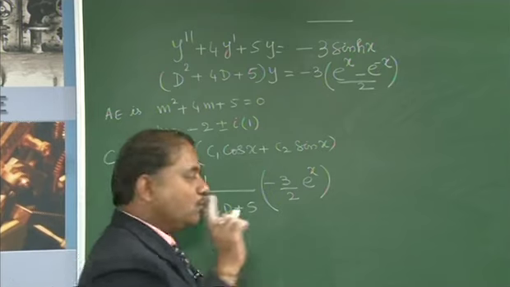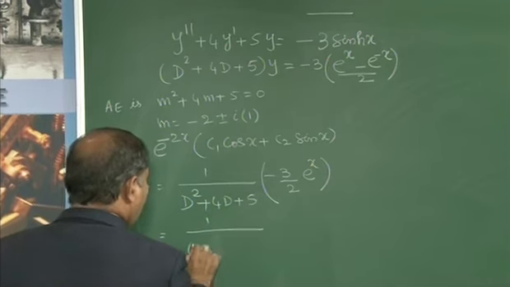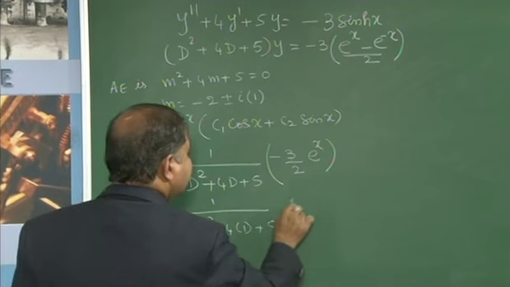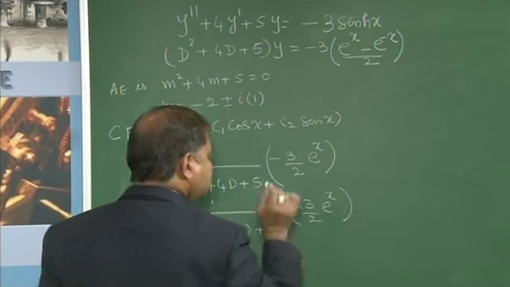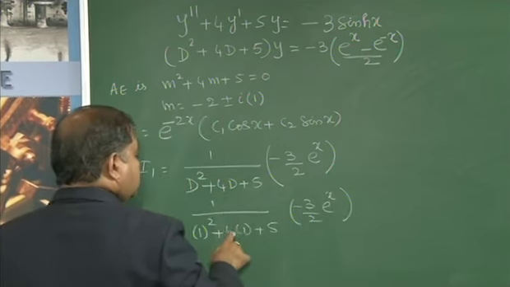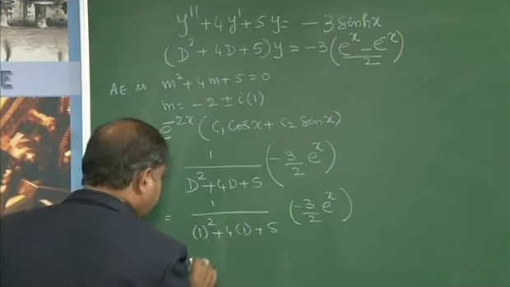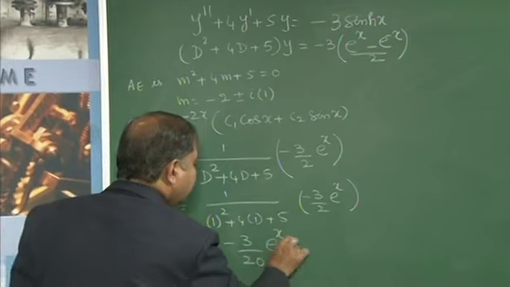Replace d by 1. 1 by (1 square plus 4 into 1 plus 5). Why did I replace it by 1? Because of e power x. So 5 plus 4 is 9, plus 1 is 10. Here 2 is there. So minus 3 by 20 e power x.